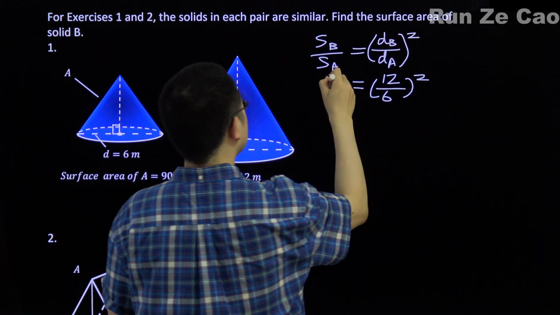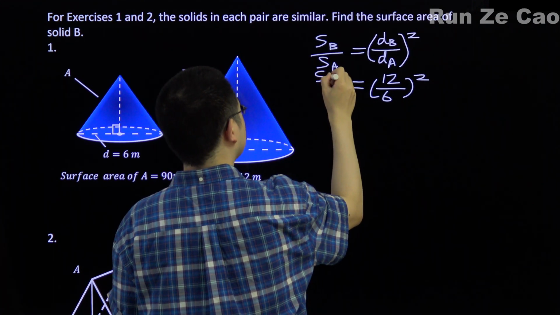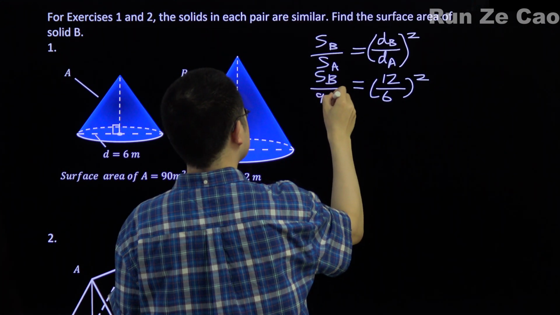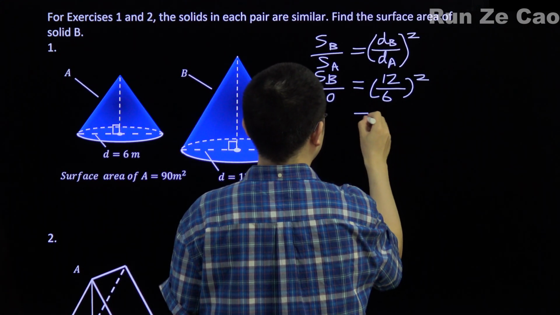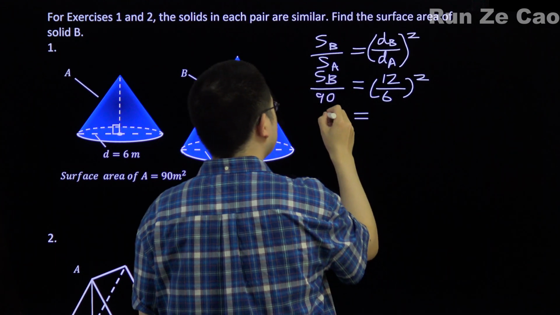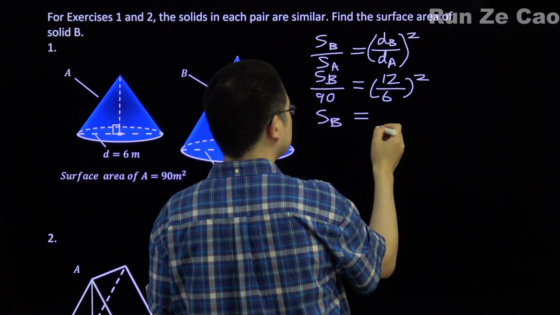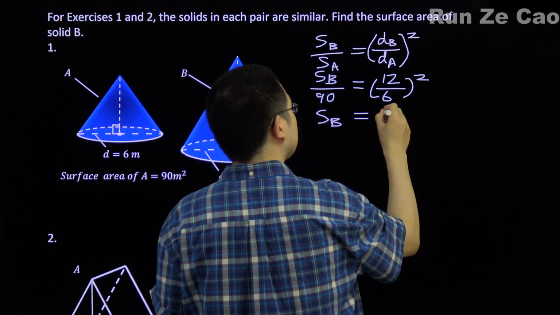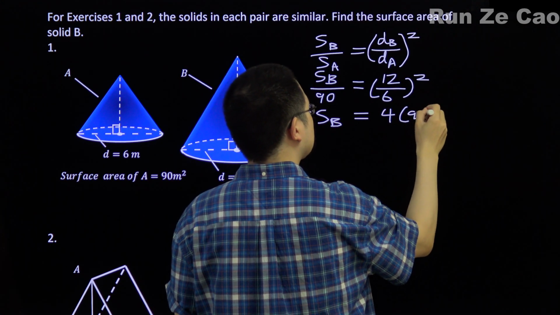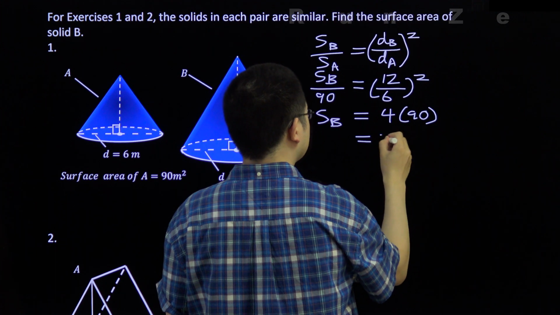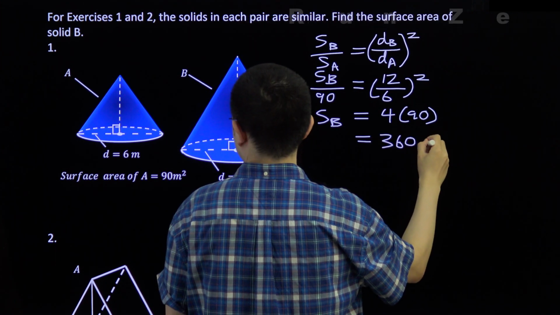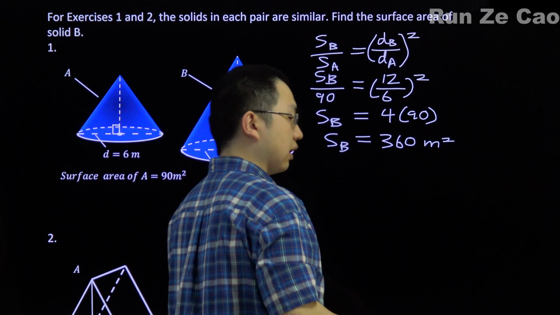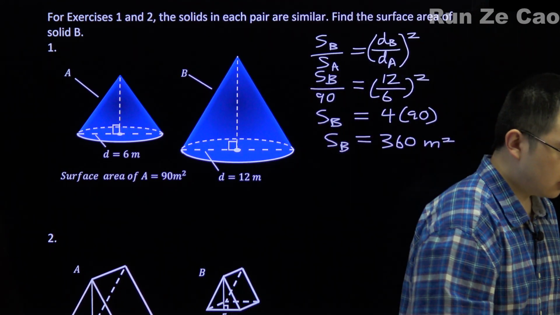And S of B is over 90 meters squared. So S of B is equal to, this is 2 squared, so 4 times 90 equals 360 meters squared. That's what the surface area of B is.